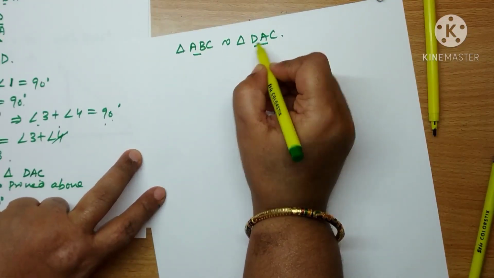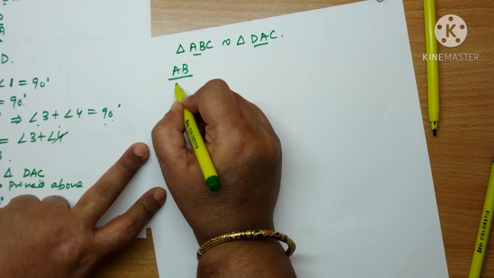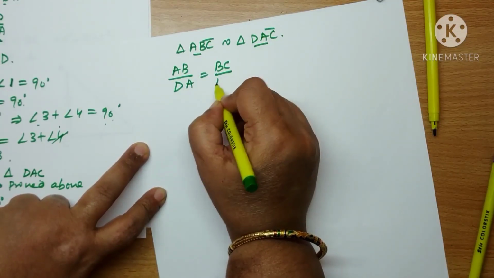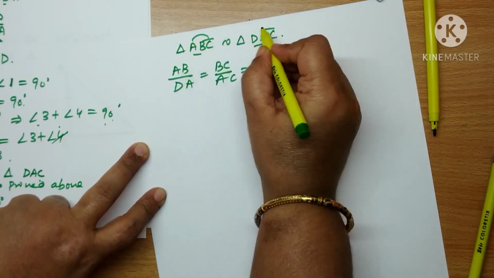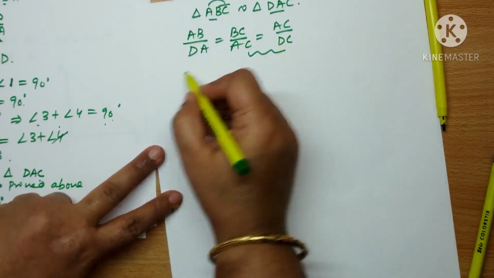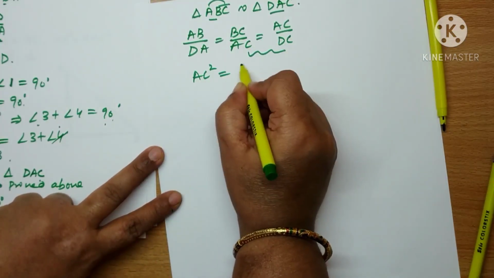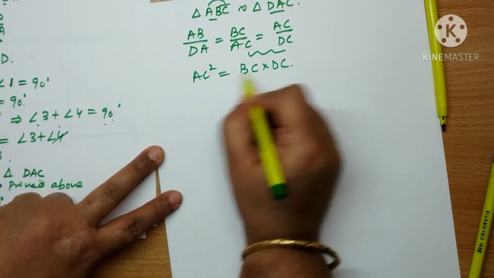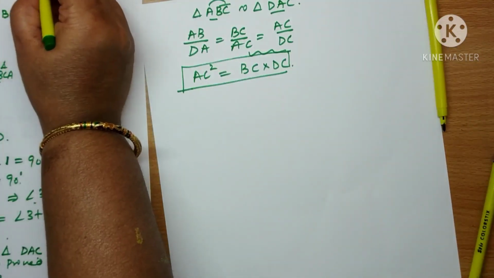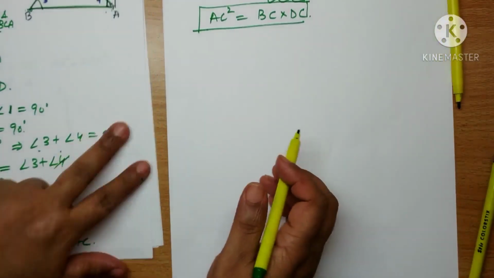So AB by DA equal to BC by AC equal to AC by DC. So from these two sides we get AC square is equal to BC into DC. This is what we were looking forward to, proving AC square. So we proved the second part.